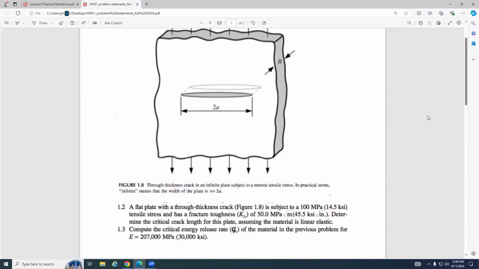So KI equals sigma square root of pi a, where sigma is the tensile stress you apply, and a is the crack length you currently have. So this is KI.